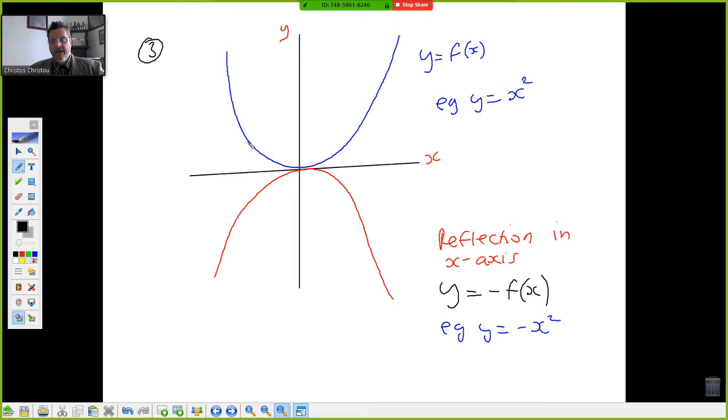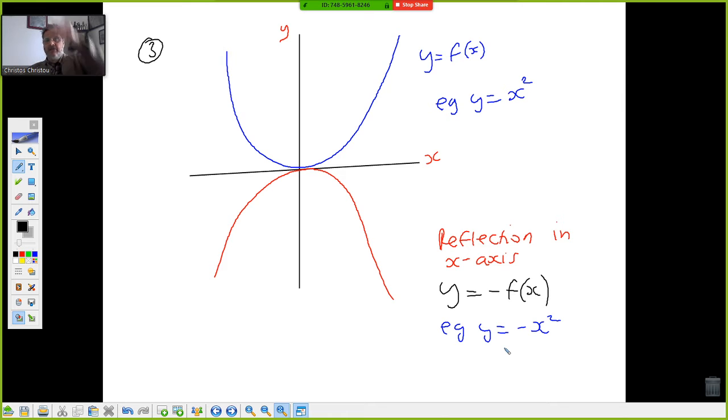Here is the graph of y equals x squared, my generic function. If you put a minus in front of the function, you end up with y equals minus x squared. In other words, if you go and plot it, you end up with something that looks like that, otherwise known as a reflection in the x-axis. Absolutely for sure, you've plotted these all in year 9, negative x squared graphs.